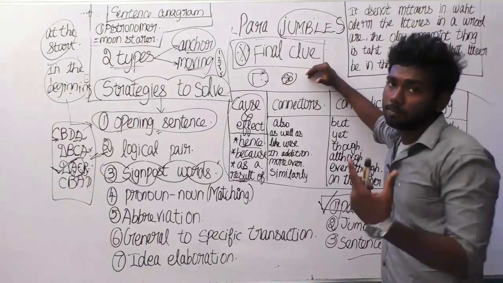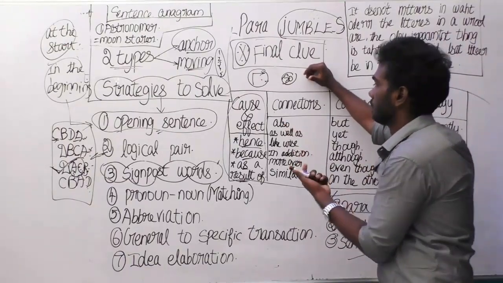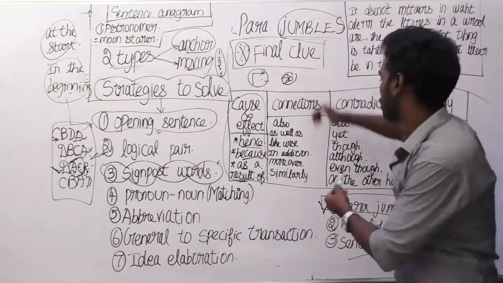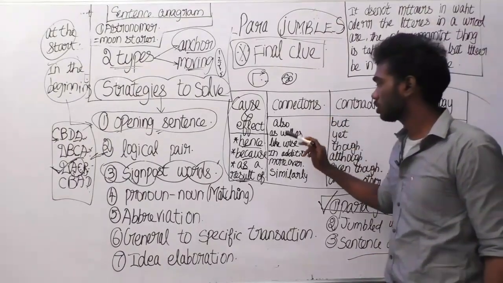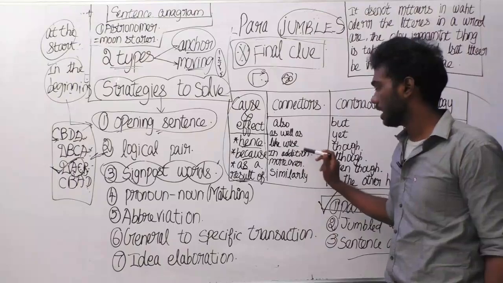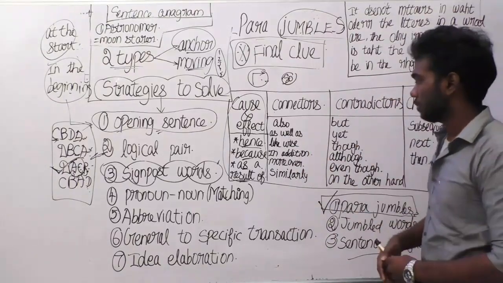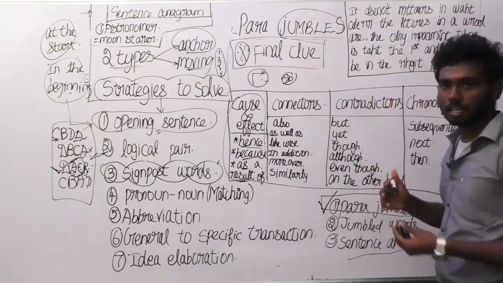It connects both sentences. First you note down these things. For connectors: also, as well as, likewise, in addition, moreover, similarly. Note down these things. I am reading this because I think it is not clearly visible for you. The place is slightly congested.